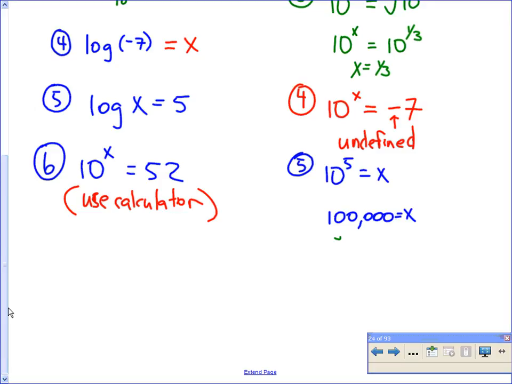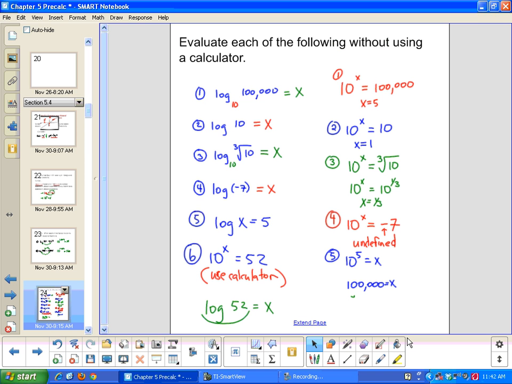So we've got 10 raised to the x is equal to 52. We're not sure what that's going to give us. So let's rewrite that in logarithmic form. So log, the base would be 10, so I don't need to write the 10, of 52 is equal to x. Now I can plug this log of 52 into my calculator. Let's do that really quick.